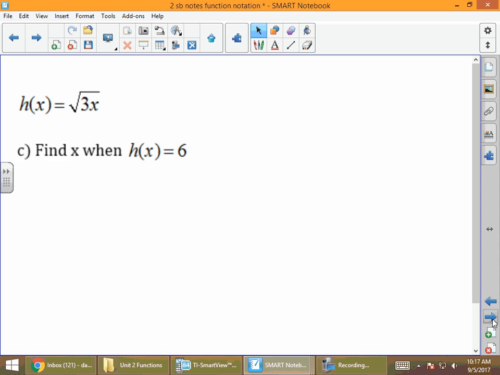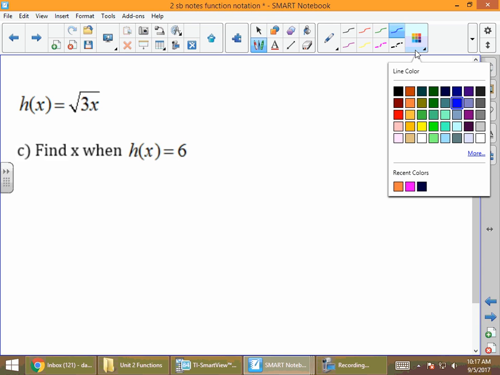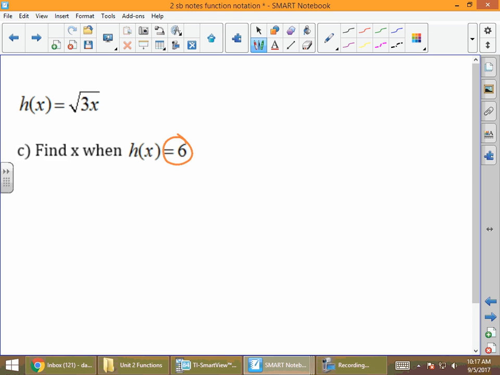Same kind of situation. We're given the output in this particular situation. H of x equals 6. We need to take the 6 and put it back in for h of x. So we end up with 6 equals the square root of 3x.